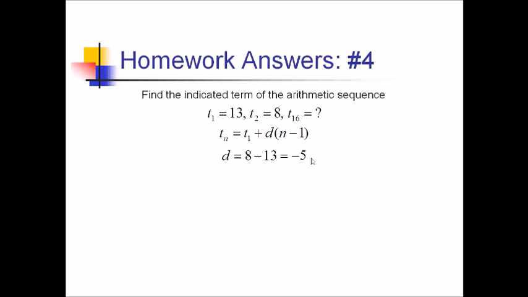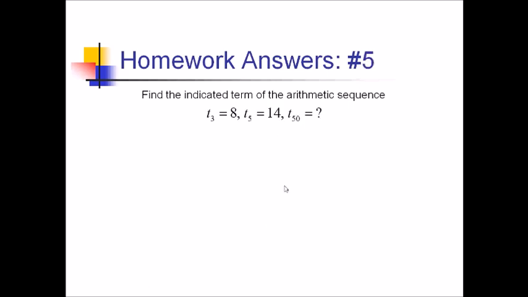That's what these are going down by each time I take a step to the right here. So plugging it all in, I have T16 equals 13 minus 5 times 16 minus 1. Distributing that negative 5, this is 13 minus 5 times 15. So 13 minus 75 comes out to negative 62.